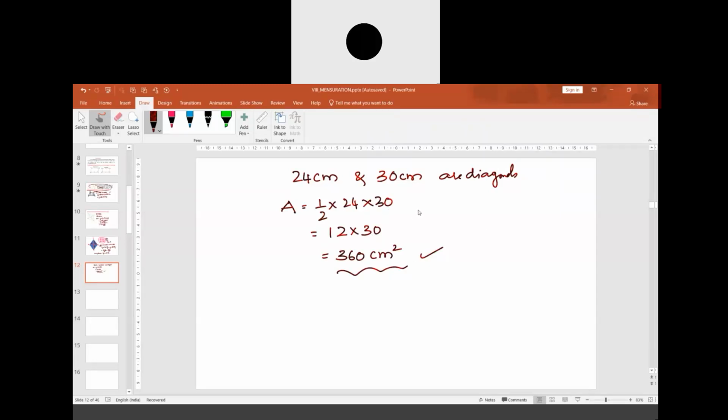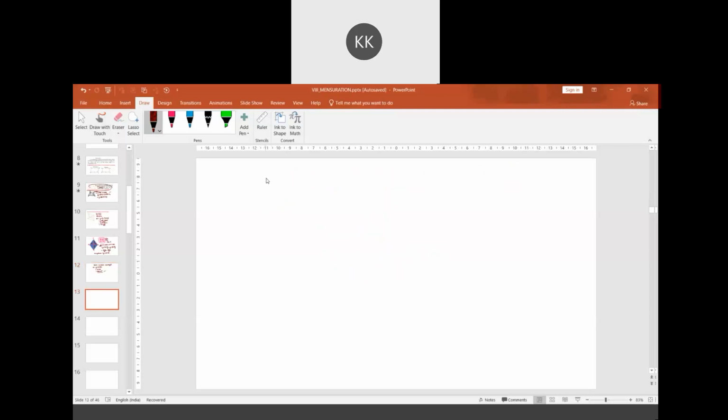So we have learned the formulas like area of square. Area of square is a square, if the side is taken as a.